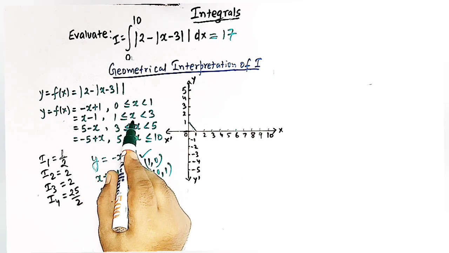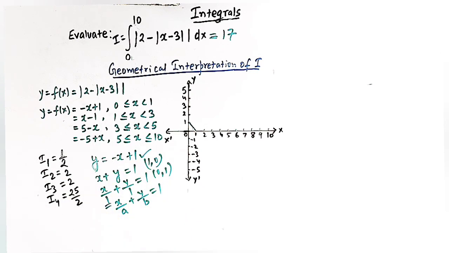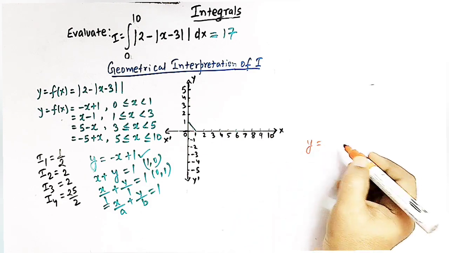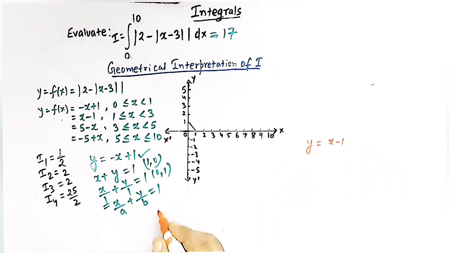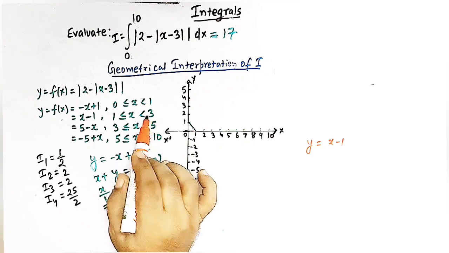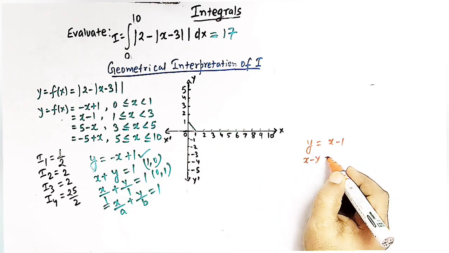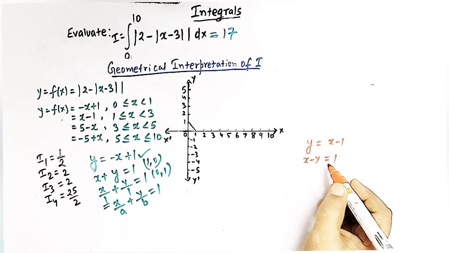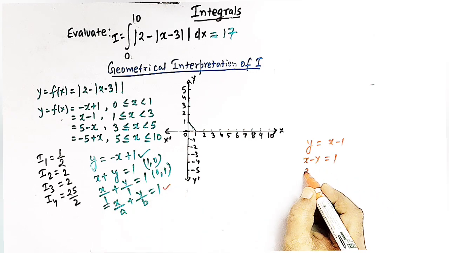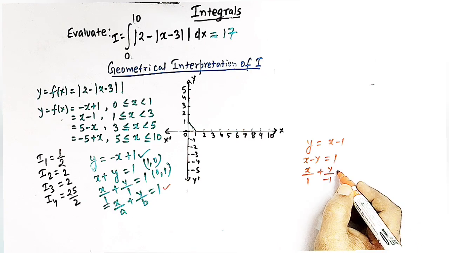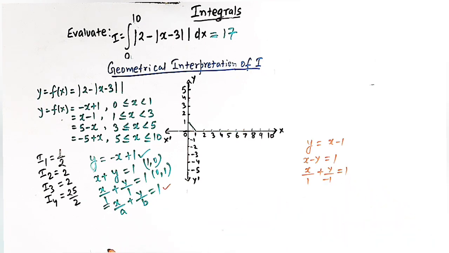Now let us plot the second line. The second line is y is equal to x minus 1 in the interval 1 to 3. So let us rewrite this line as x minus y is equal to 1, and this line is again of this form. We can write it as x over 1 plus y over minus 1 is equal to 1, right?